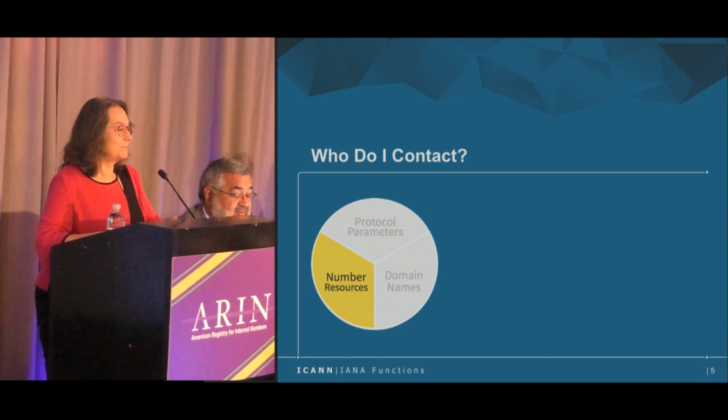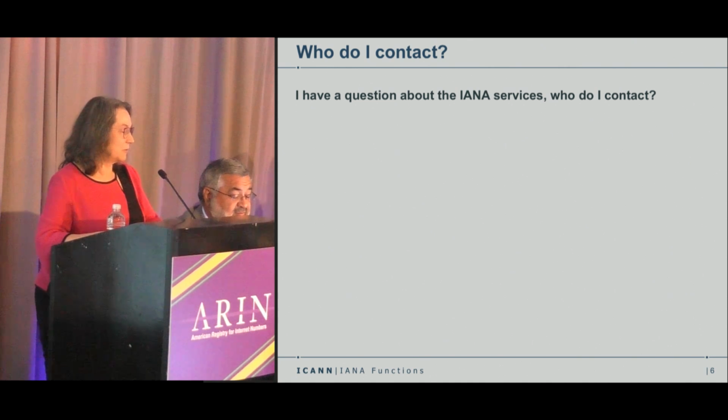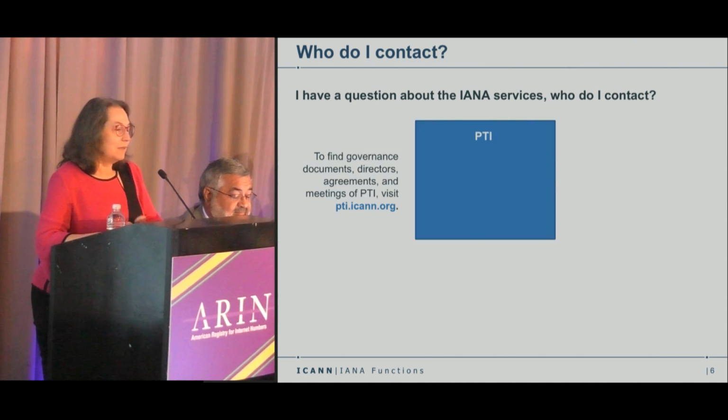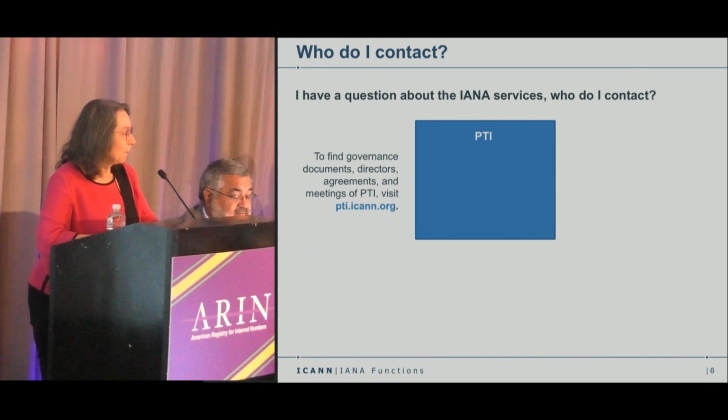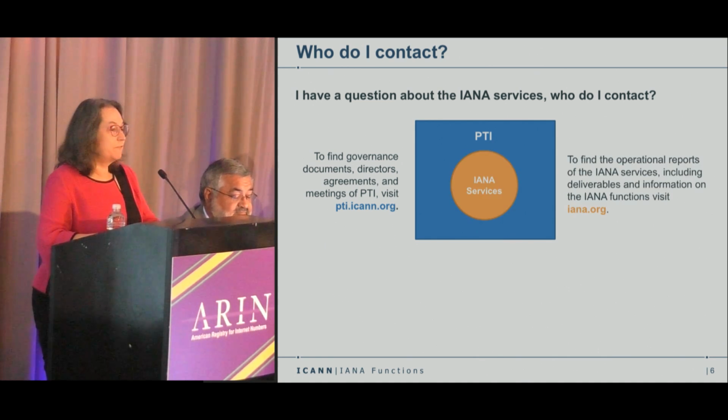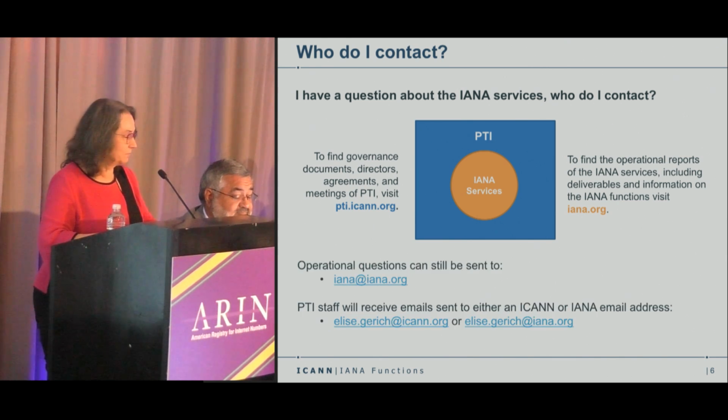Who do you contact if you're doing something with the numbers community? If you want to find out about contracts or the governance, who the directors are, all that kind of official documentation, you go to pti.icann.org. If you want to find out about the operations and all the registries, the IPv4 registry, IPv6 registries, the autonomous system number registries, you go to IANA.org, as you always have in the past.